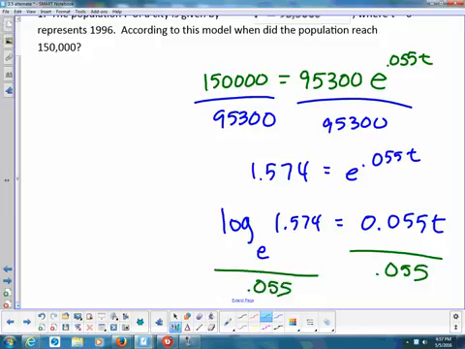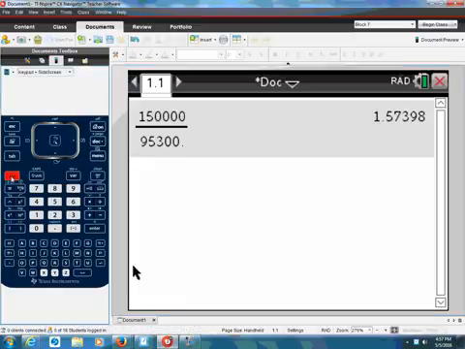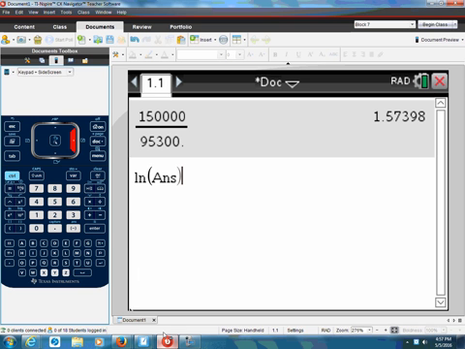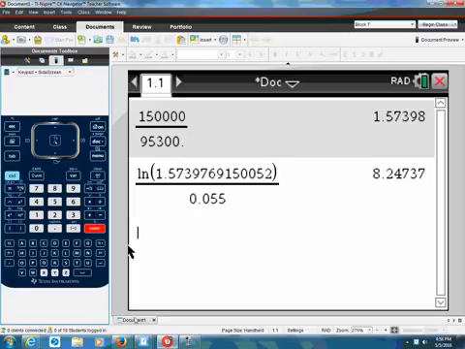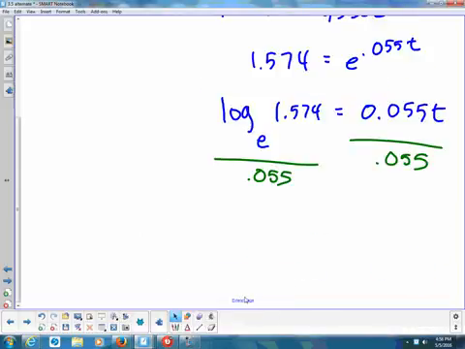On our calculator, I want log to the base e, which is ln. So I can do ln of my previous answer, get out of that parentheses, and divide by 0.055. I am getting 8.24. So 8.24 is going to be my t value.